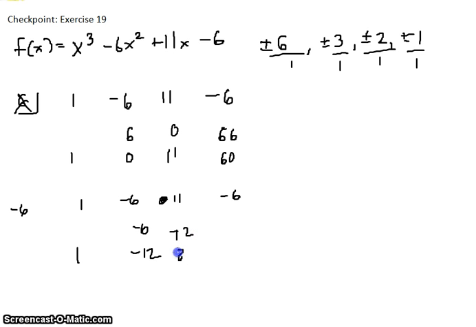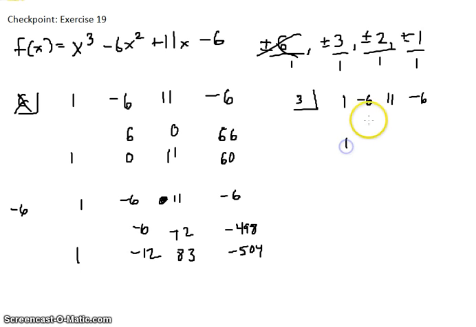You can already tell that this is going to start to get to be a very big number. Well, the 6's don't work. So let's try 3. Found my first 0.